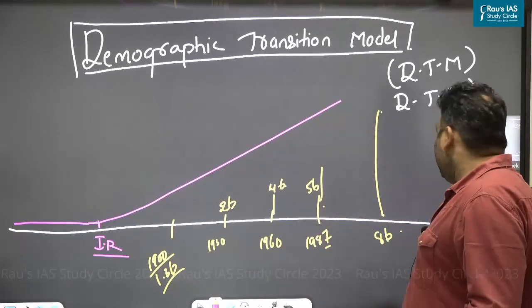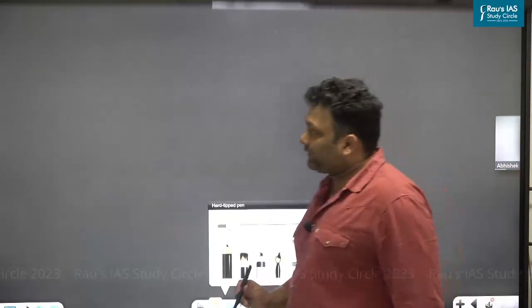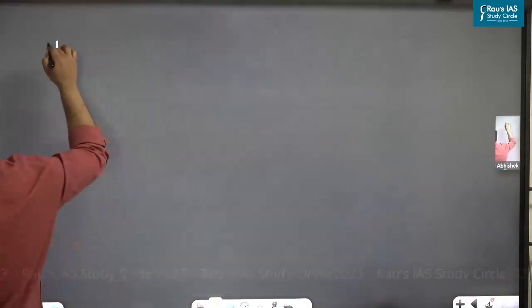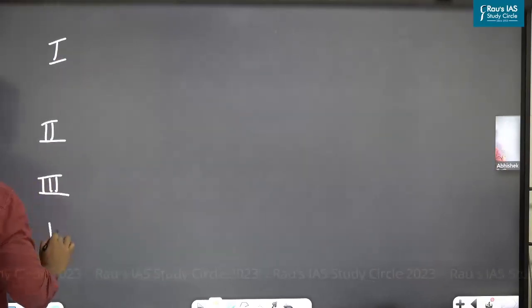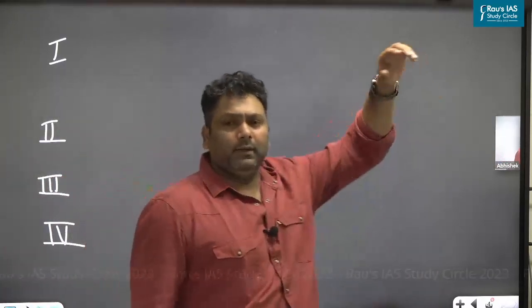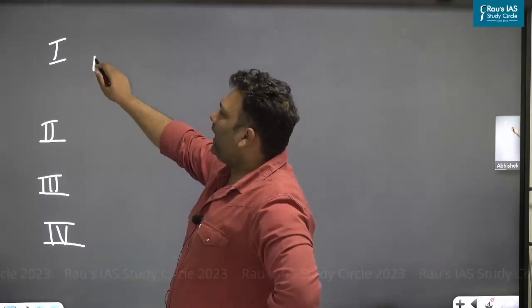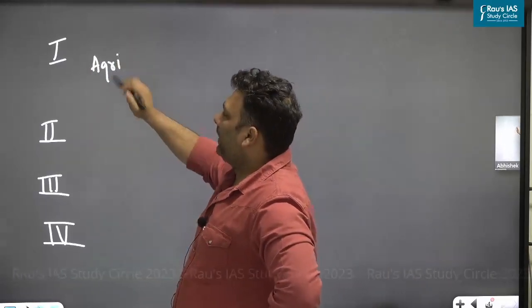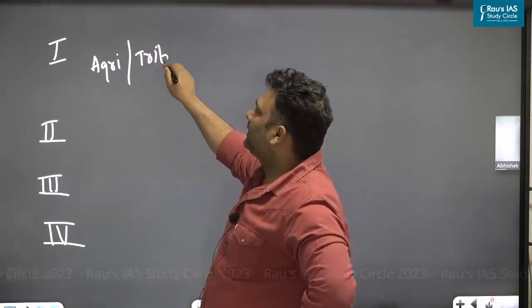This demographic transition model talks about 4 different stages: stage 1, stage 2, stage 3, and stage 4. Stage 1 is associated with earlier agricultural societies and tribal societies.